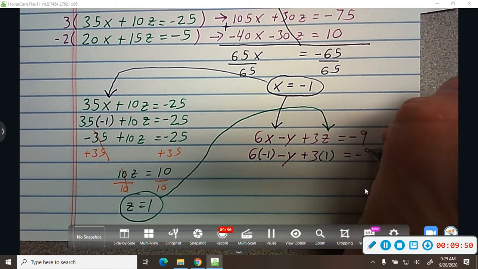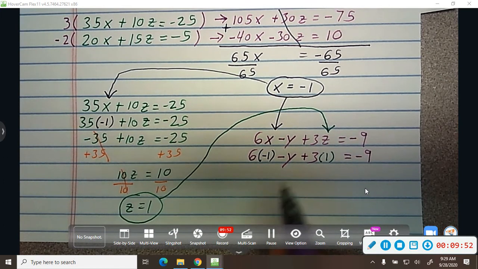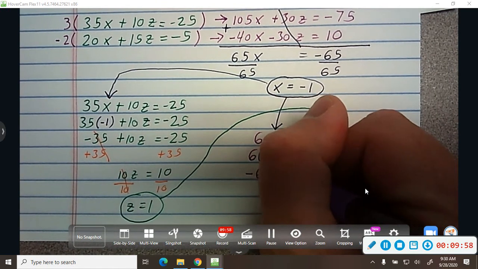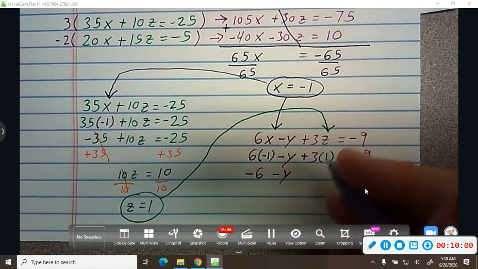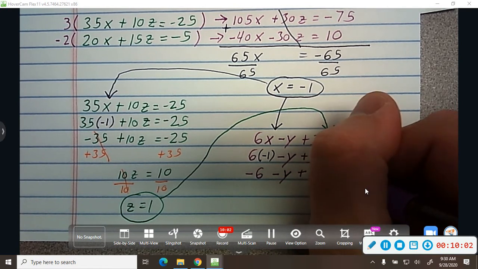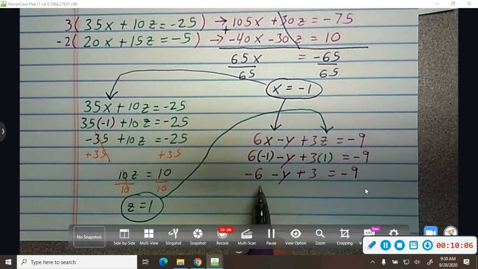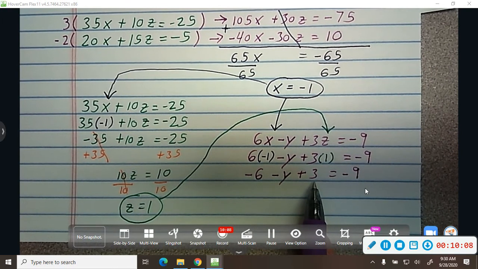And then I just solve from there. 6 times negative 1 is negative 6. 3 times 1 is 3. Negative 6 plus 3 would be negative 3.